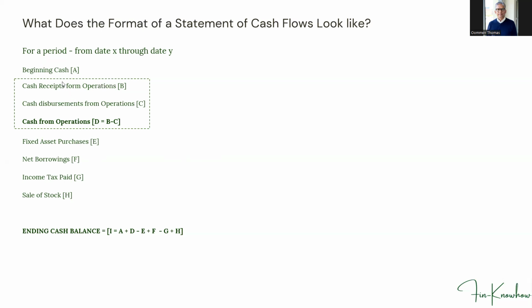So when you start with the beginning cash, add the cash that came from operations, take out the monies you spent net on buying capital equipment, add the cash that comes in because of net borrowings, take out the income taxes paid in the form of cash, then add the monies that come in from the sale of stock, you end up with the cash balance as of December.